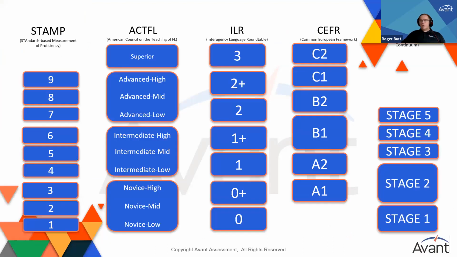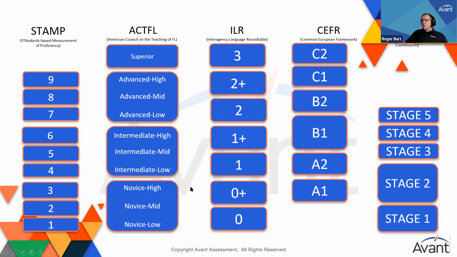So as we look at some common proficiency guides here, we see STAMP scores and how they relate to the actual proficiency guidelines, with each number being a different level on the actual proficiency guidelines. And then at the end here, we have the College Board continuum.